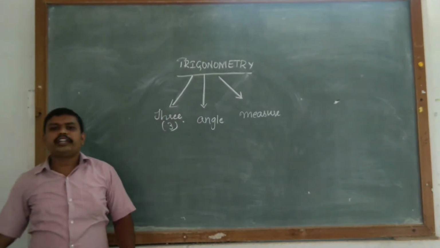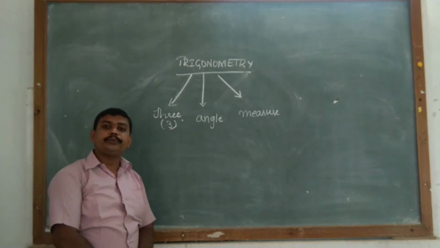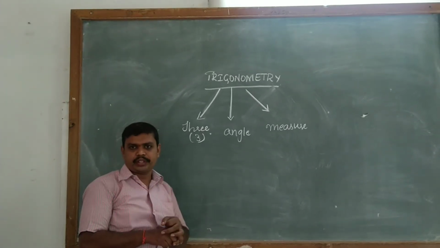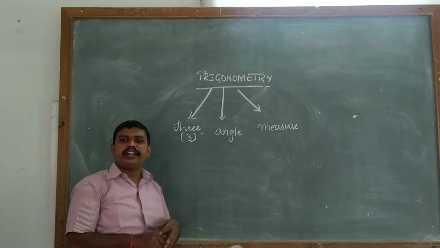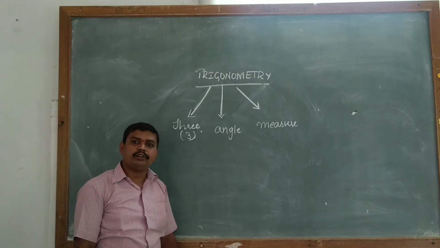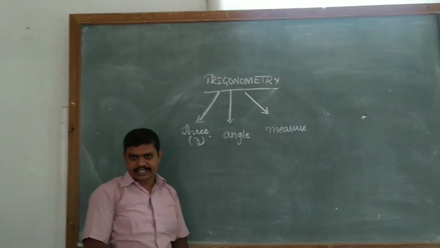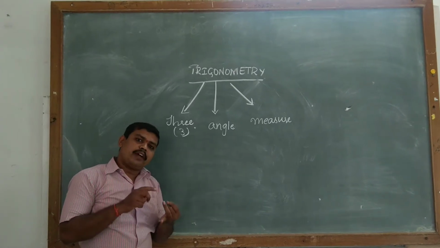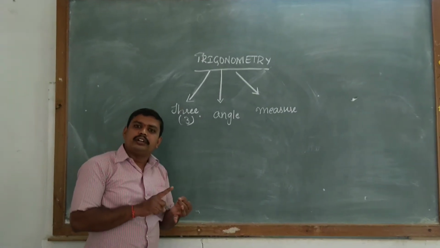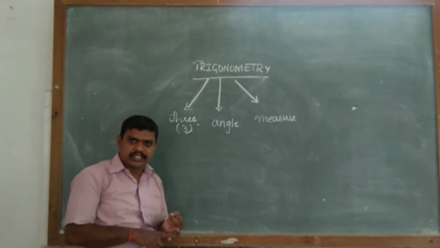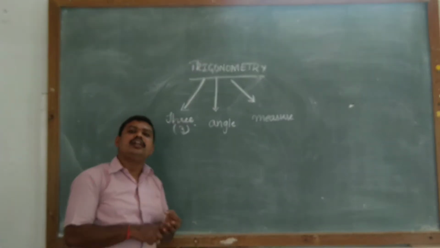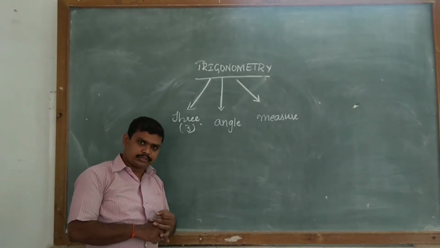Generally students, what is this trigonometry? We are going to deal with our 3 angle measures here. Before entering into this concept, first and foremost, we should be aware of what is meant by a right angle triangle, and we have to learn the different types of trigonometric identities, and we are going to learn the definitions of all the 6 trigonometric ratios.